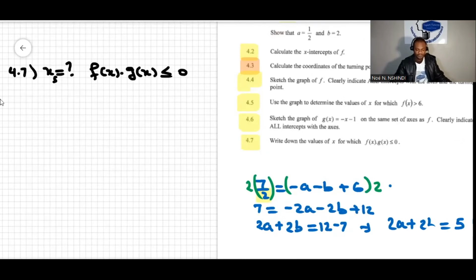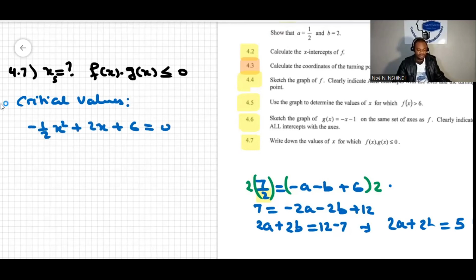If this is less than or equal to 0, we need to find the critical values first. So f of x we had was negative a half x squared plus 2x plus 6 equal to 0.